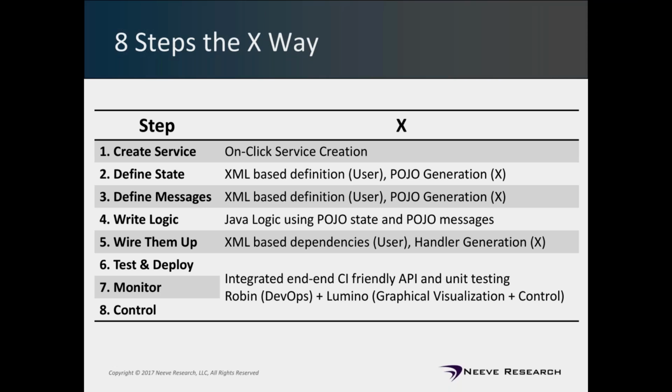As soon as you make one service depend on the other, it automatically has visibility into the other service's contract, and in doing so is in a position to interoperate with that particular service. The ability to test, deploy, monitor, and control is through extensive capability to integrate end-to-end in a CI fashion, as well as using our tools, the Robin tools and the Illumino tools, in order to manage your environment.